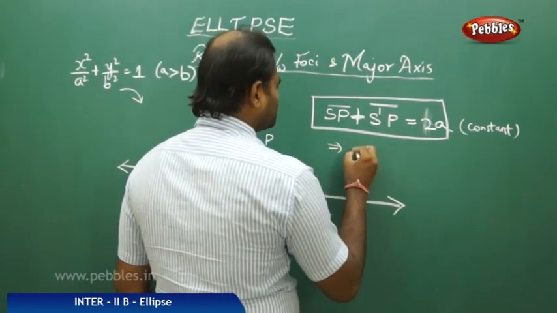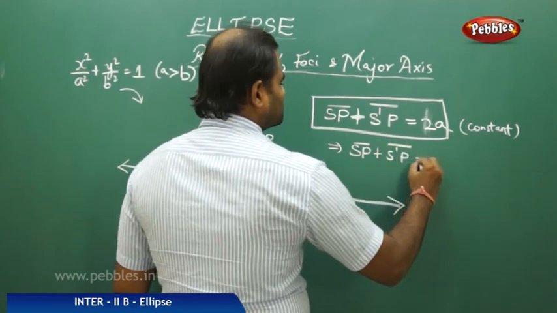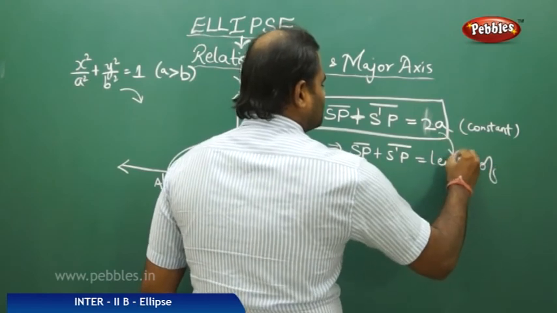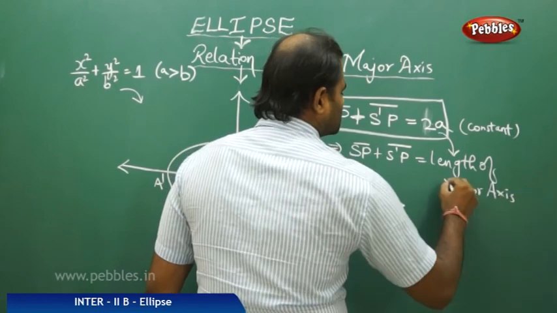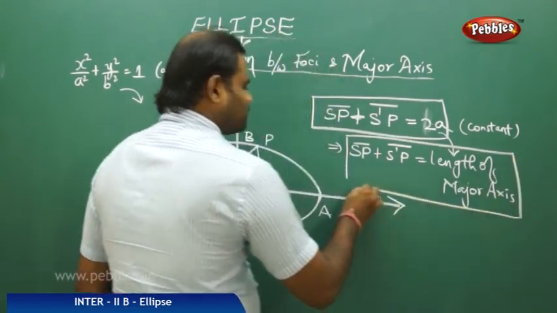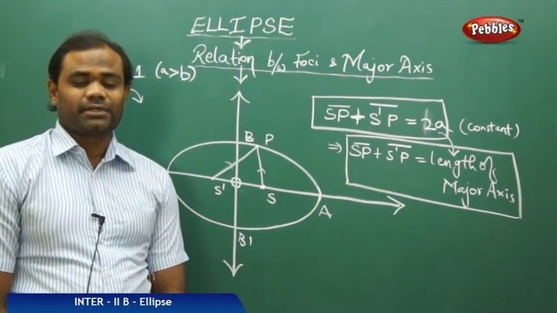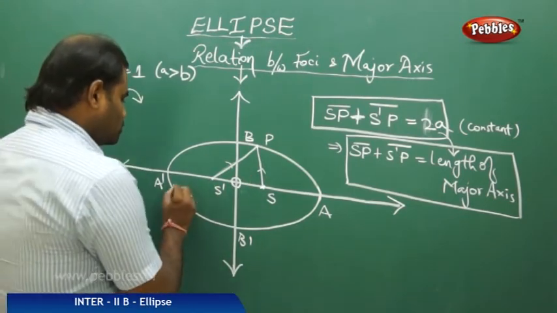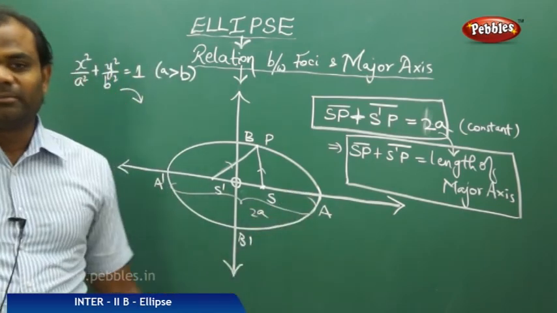That implies SP plus S dash P is equal to length of major axis. Is how we identify the length of major axis connected with S, S dash and P. SP plus S dash P is equal to 2a, which is this, the length of major axis.